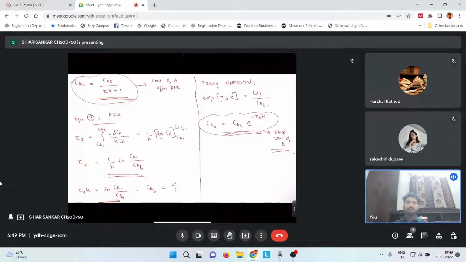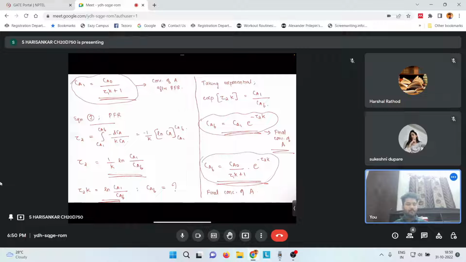We just substitute that CA1 equation in this CAF. So CAF will be equal to CA0 by tau1 k plus 1, e raised to minus tau2 k. So this is the final concentration of A after passing through the CSTR and then the PFR.